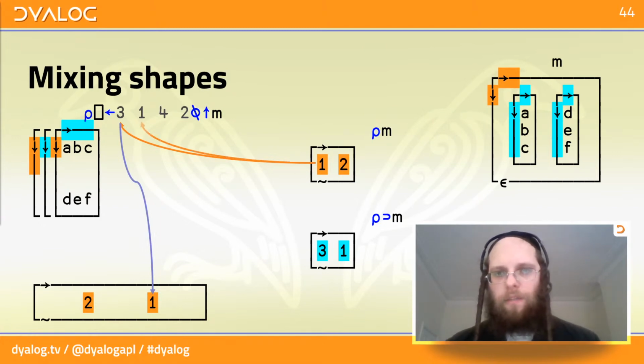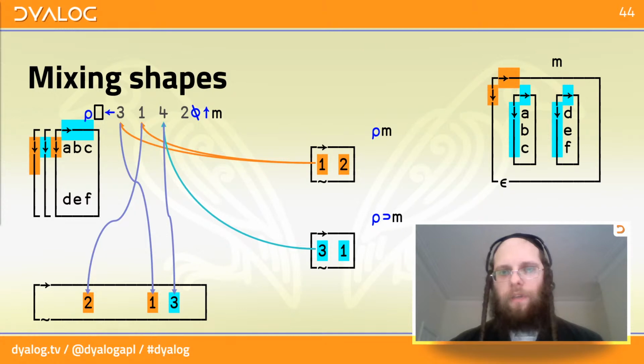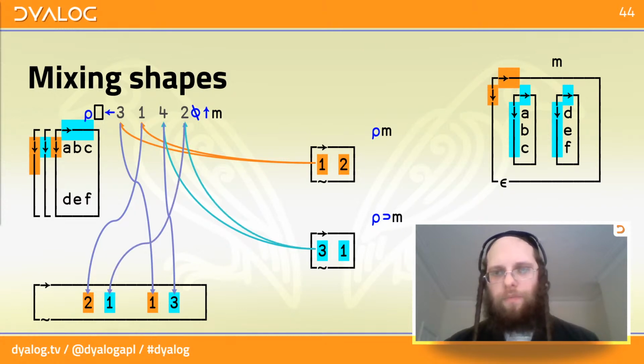And the second axis from the outer shape goes into slot number 1. And then we proceed to the first axis of the inner shape, that goes into slot number 4. And the second into slot number 2.